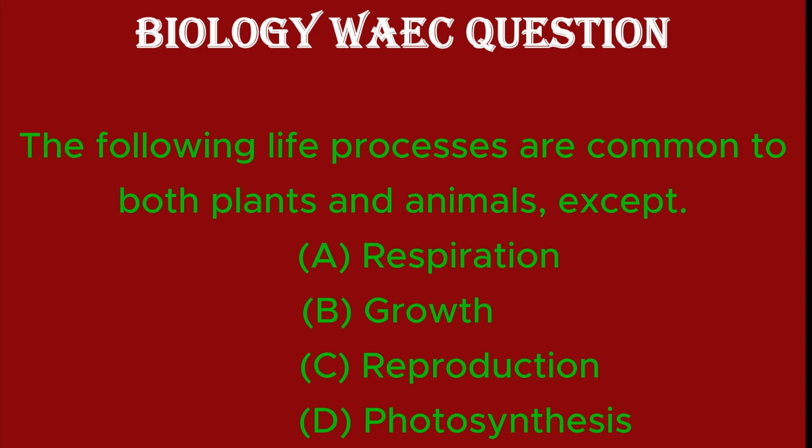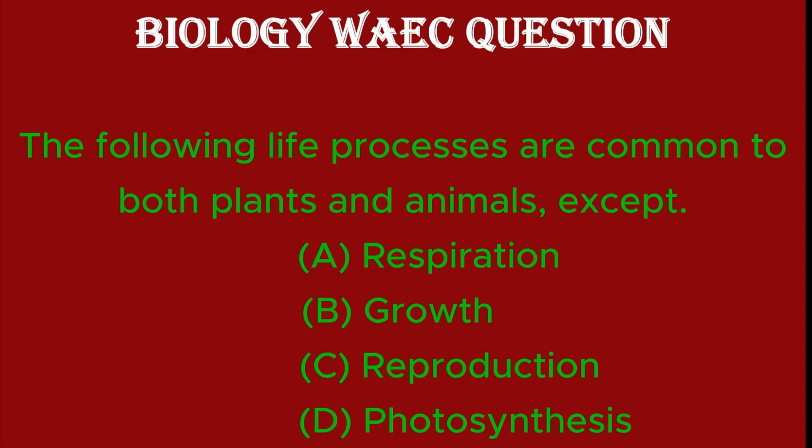When you look at reproduction, you find out that reproduction is the ability of living organisms to give rise to new individuals of the same species. That means both plants and animals give rise to new individuals of the same species. So C is not the right option.